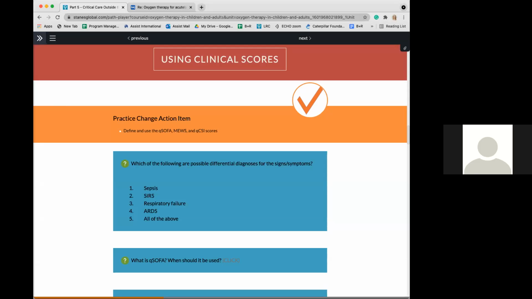Respiratory failure, it's also a possibility. ARDS is also another possibility. So congratulations to those who considered all these as potential differential diagnosis. Thank you so much. Well done.